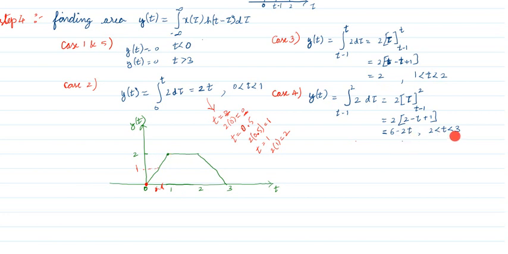Okay, I can have the same approach. If I put t equal to 2, what happens? 6 minus 2 into 2 equals 2. Next I can put t equal to 2.5.